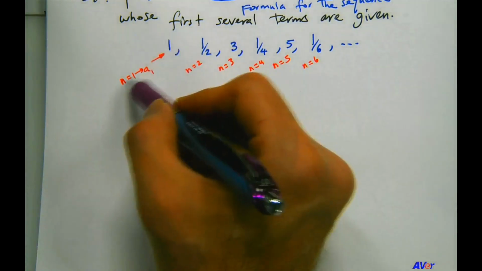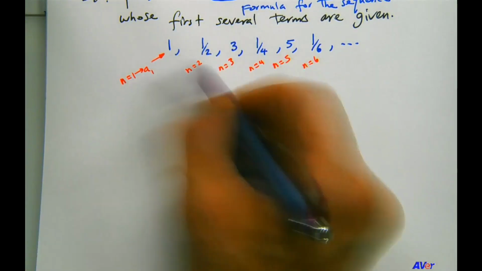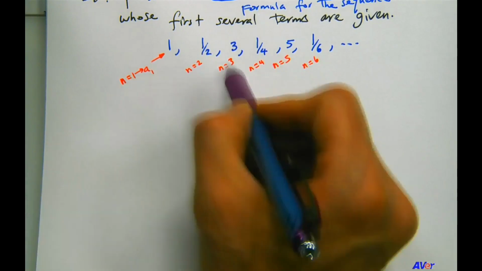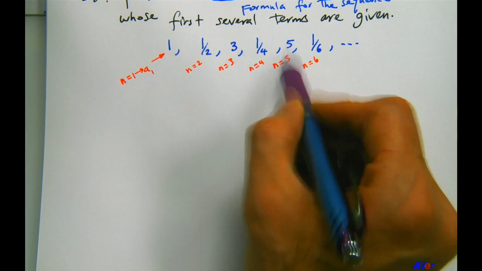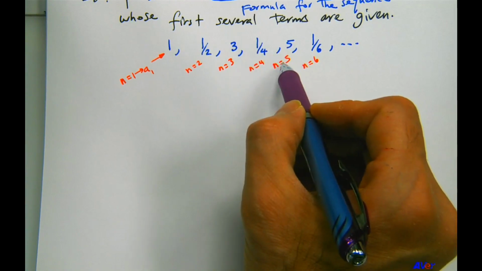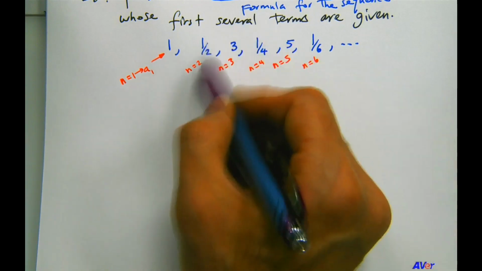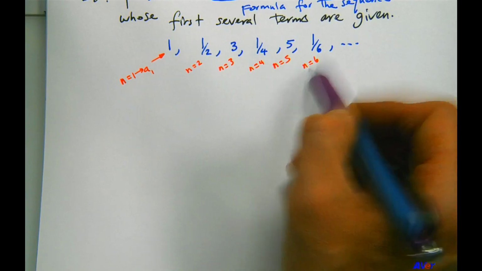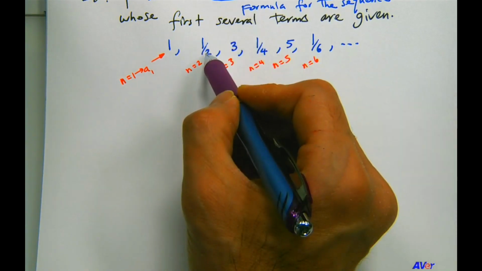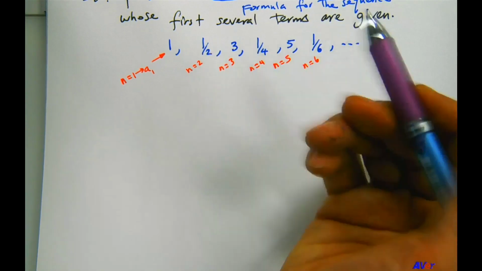For the odd numbered positions, 1, 3, and 5, the number is equal to the position value. Now that's interesting. But for the even numbered positions, 2, 4, and 6, you have a fraction where the position number appears in the denominator.